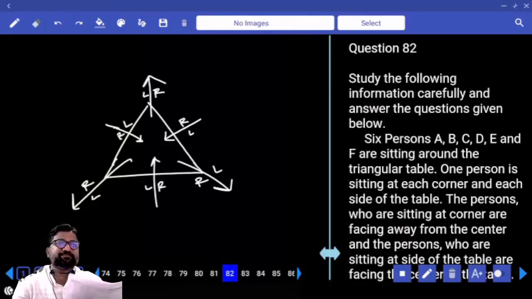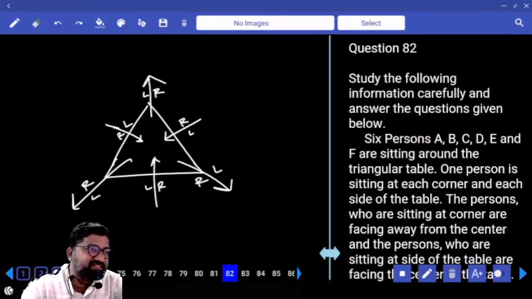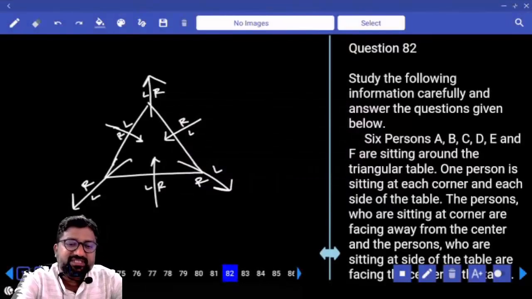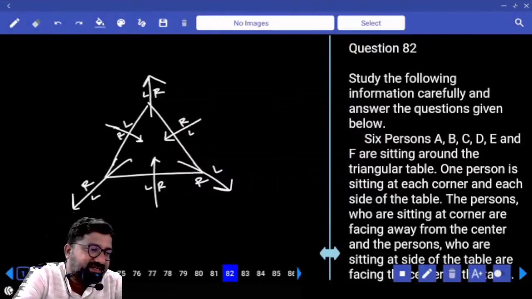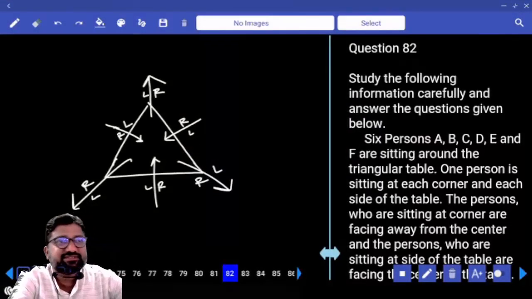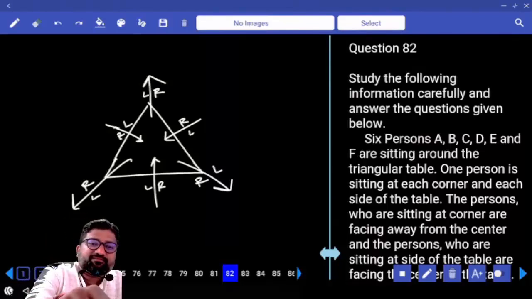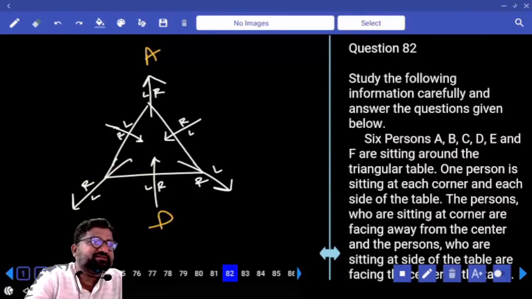What is the first question? First point: two persons are sitting between A and D. So with two persons in between A and D, can I say A and D are sitting in opposite positions? Maybe if A is here, D is here.